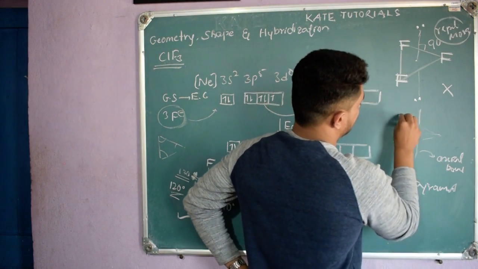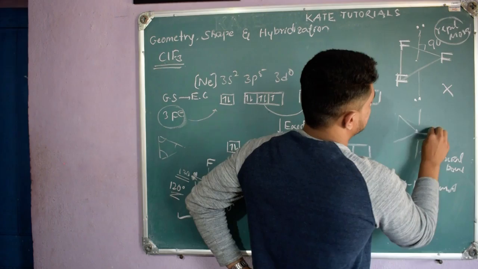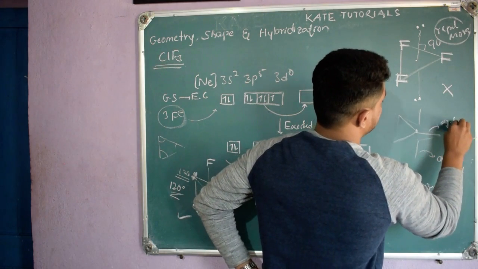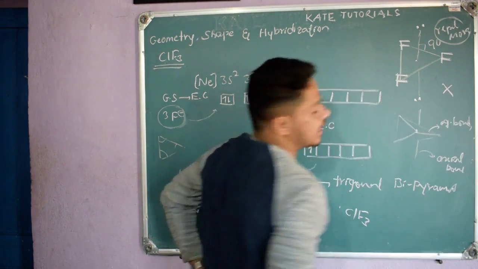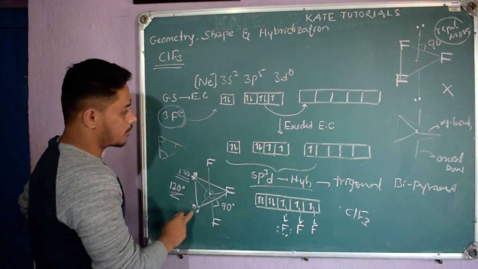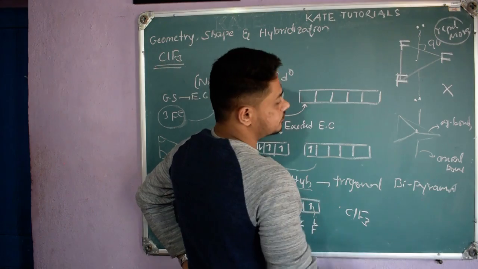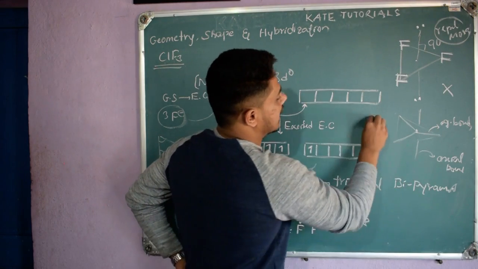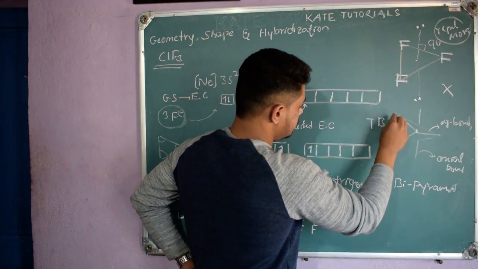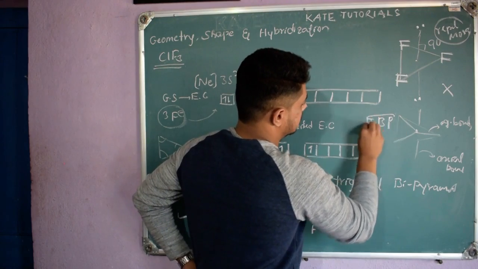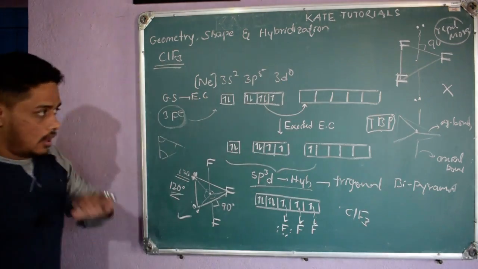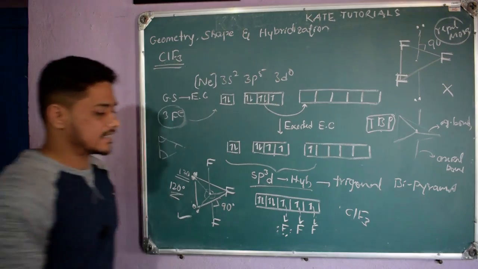And the bonds which they form with chlorine here are called equatorial bonds. So whenever we have lone pairs, they should be placed in equatorial positions, right? In TBP structure, trigonal bipyramidal, TBP. So that is the thing.